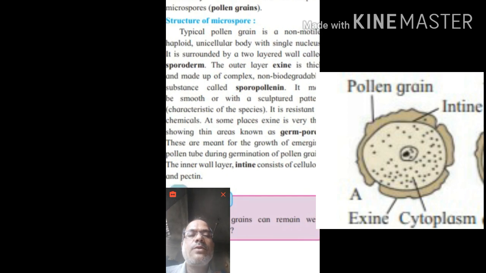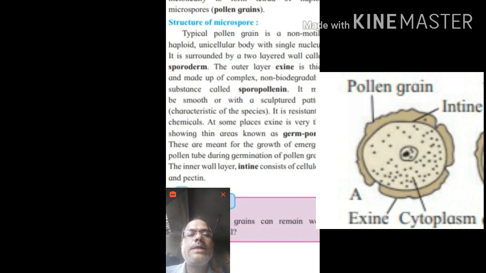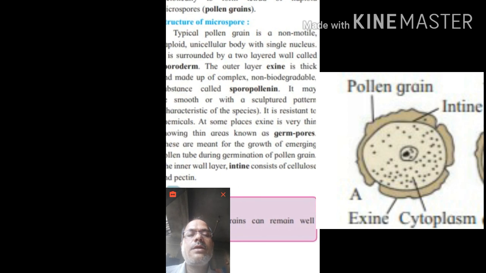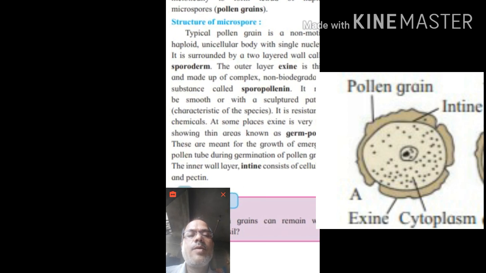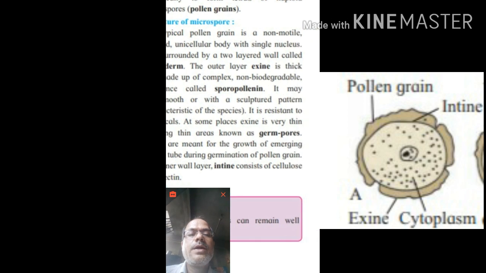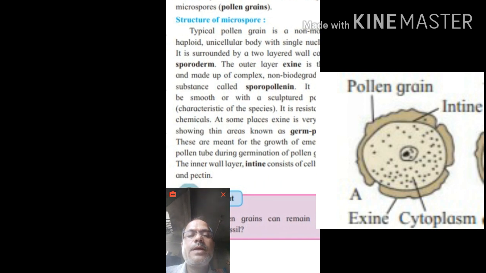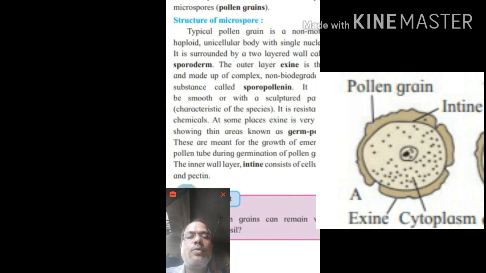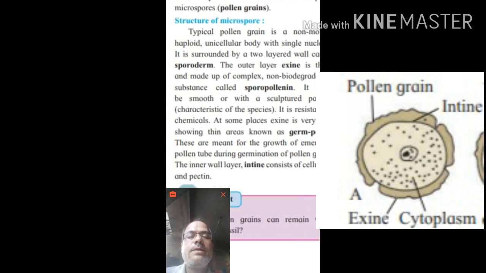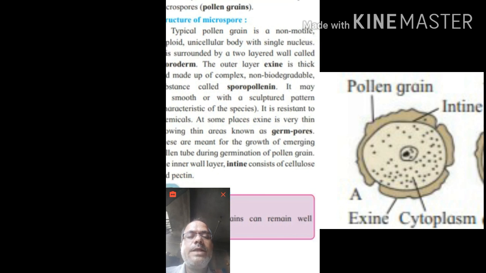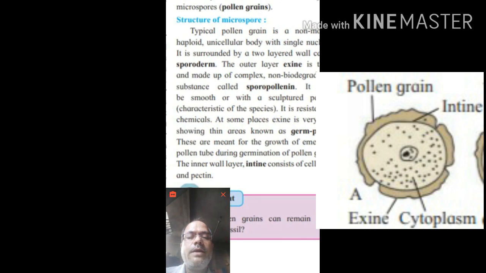These are called germ pores, which are useful for formation of the pollen tube at the time of the male gametophyte. The pollen tube emerges out from the germ pores, which are meant for growth of the emerging pollen tube during germination of the pollen grain. The inner wall layer, the intine, consists of cellulose and pectin.